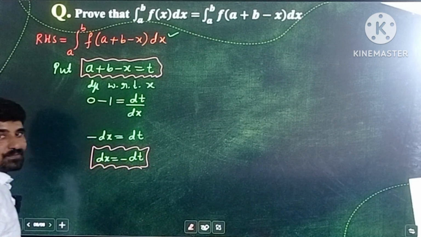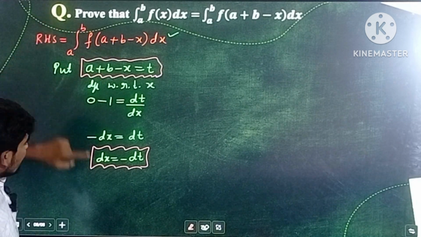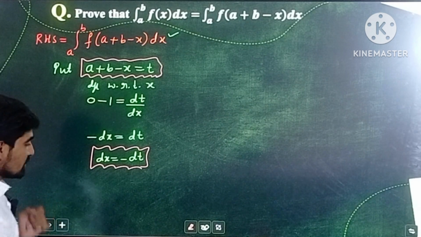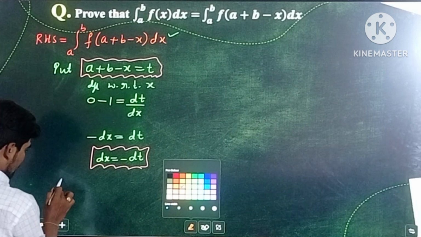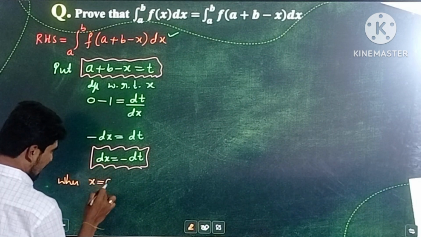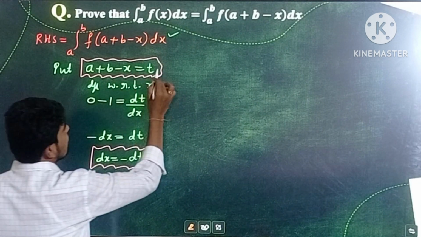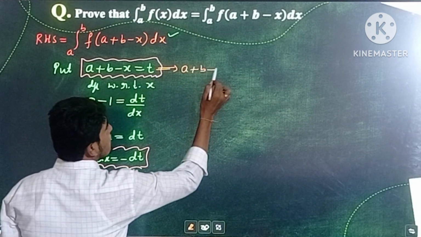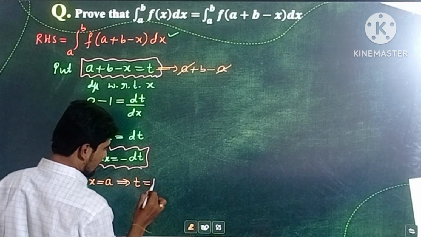Since this is a definite integral, when we use a substitution in a definite integral, we need to change the limits also. So in the next step, I am going to change the limits. When x is equal to the lower limit a, substitute this a in t: a plus b minus x means minus a, plus a and minus a get cancelled, so t is equal to b.